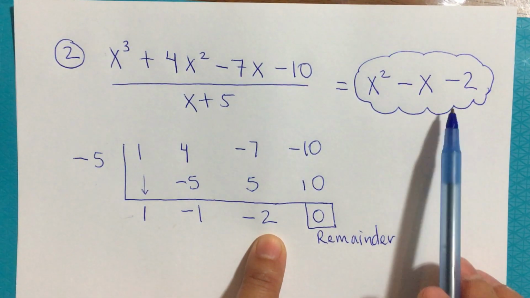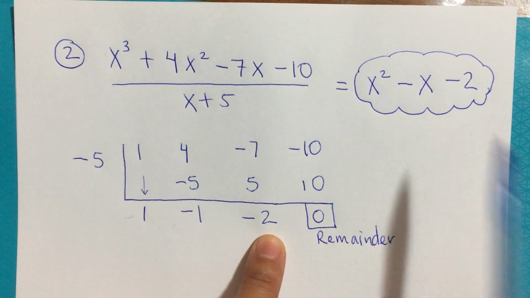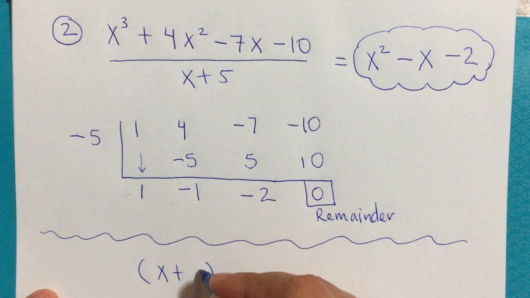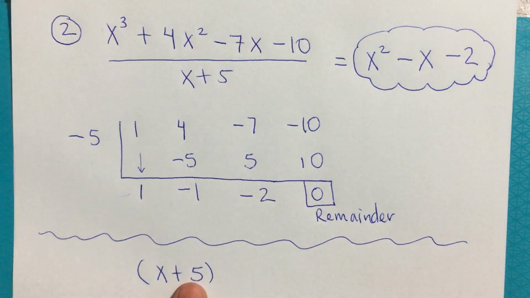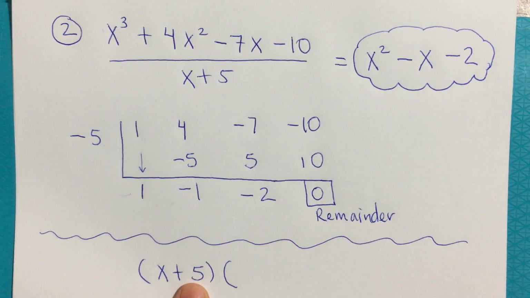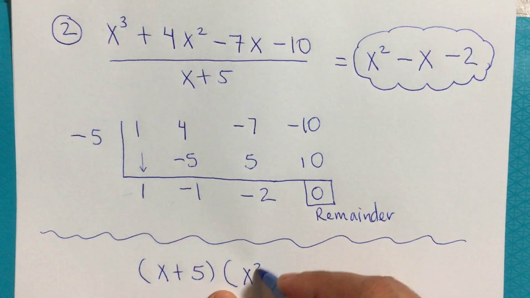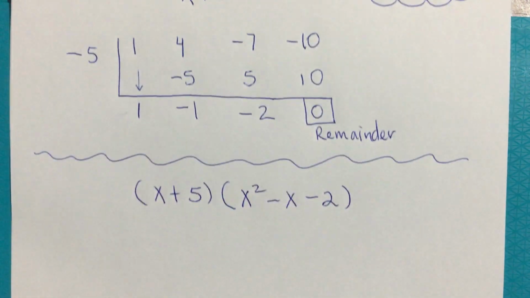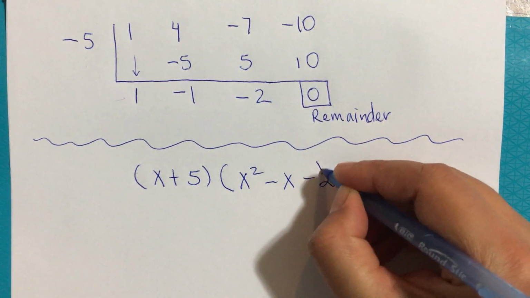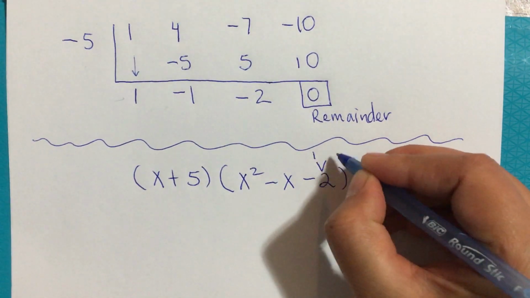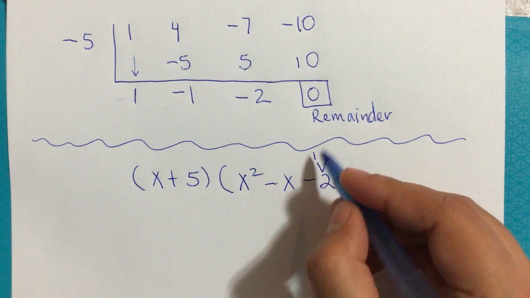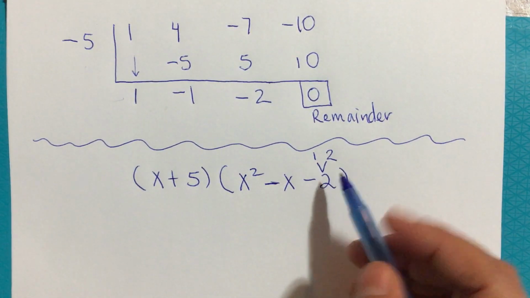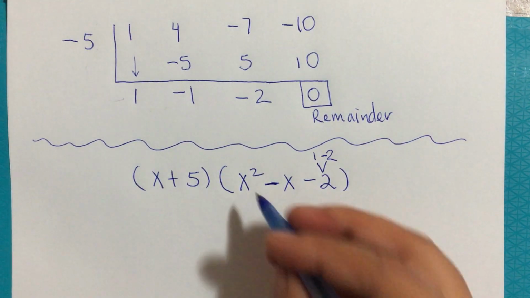Again, I want to show you the factoring part just as an extra. Because this is a 0, that means that x plus 5 is one of the factors. Another factor is x squared minus x minus 2. And we can now continue to factor this. We know that the two factors for 2 is 1 times 2. This is the sign of the biggest term, so that's going to be negative 2.